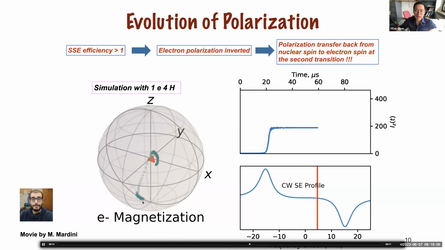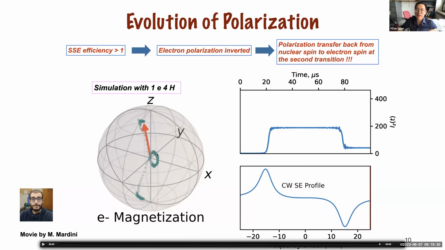In the beginning of the chirped pulse, you adiabatically rotate your electron magnetization to the solid effect matching condition, and here you have the polarization transfer happening. When it's efficient, your electron polarization can go to the other direction of the sphere. When the polarization transfer is larger than 1, you have a gain of nuclear polarization.